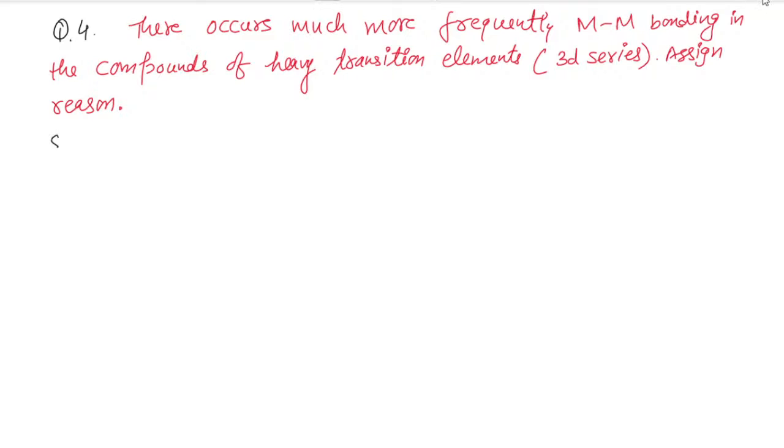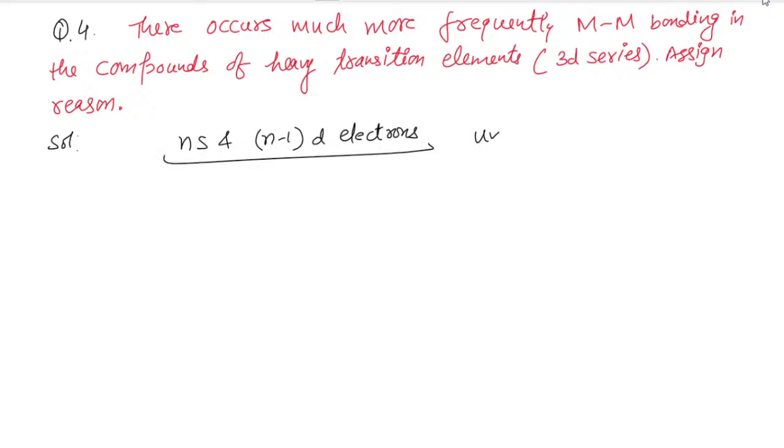So in transition elements there are ns and (n-1)d electrons, right, which are available for bonding, and these are generally unpaired, right? As a result, metal-metal bonding is quite frequent in these.